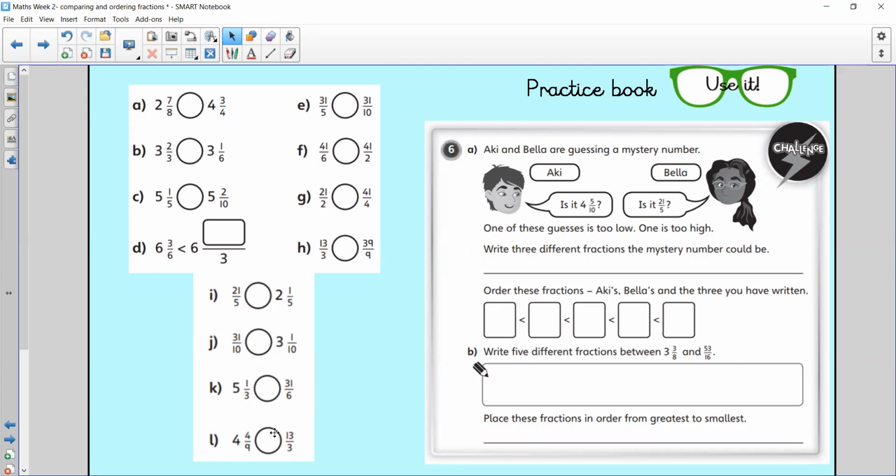And if your brain is still raring for more, because there's lots of questions today, there's always the challenge for you to have a go at.